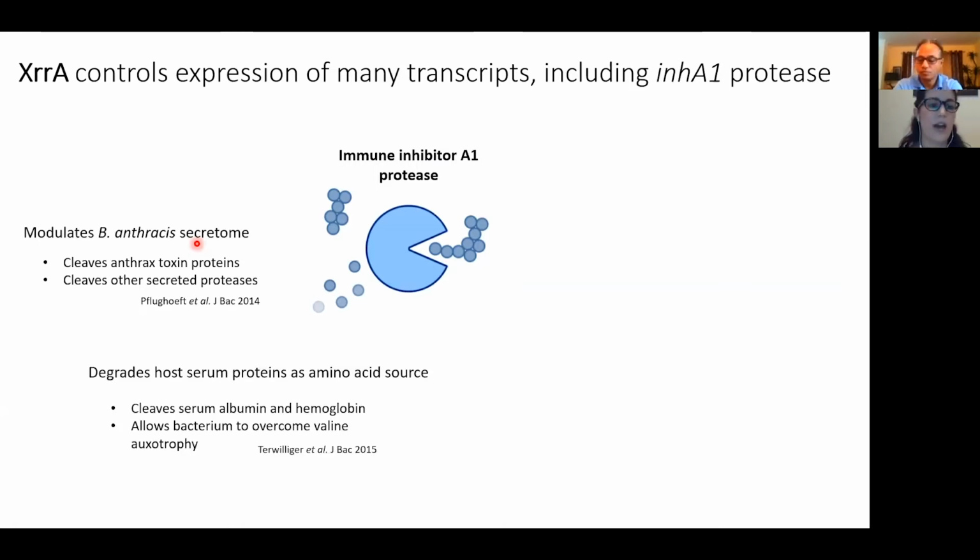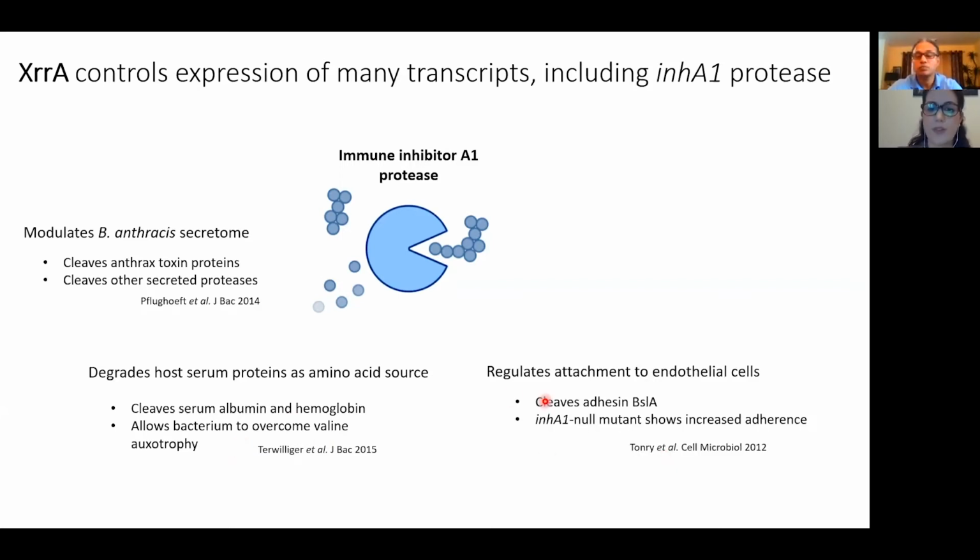We also know through work with our collaborators that INHA1 degrades host proteins in addition to Bacillus anthracis proteins. In particular, it degrades serum albumin and hemoglobin. We believe that the degradation of these proteins serves as an amino acid source for cells that grow in a medium that has a chemical composition similar to that of blood serum, again suggesting that these proteins can serve as an amino acid source to support growth of the bacterium.